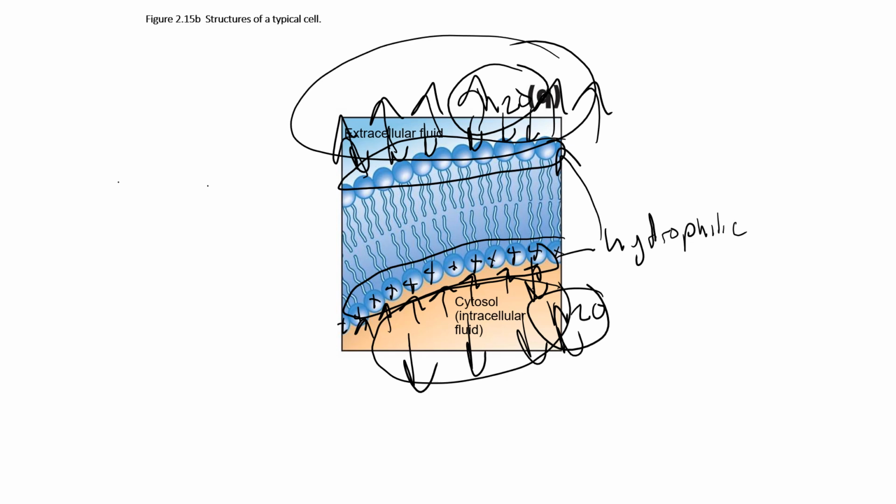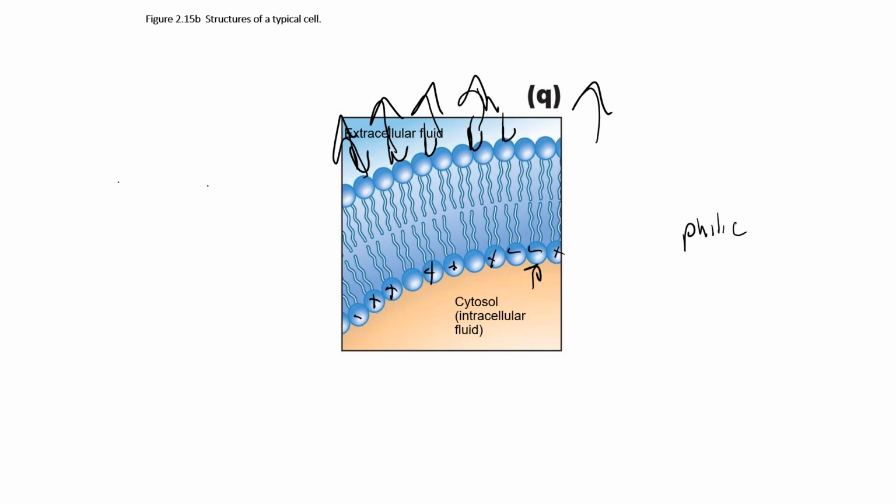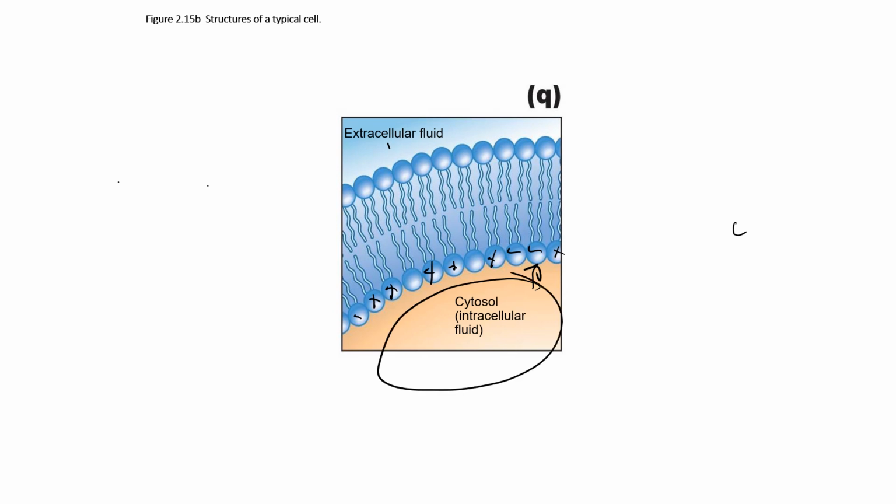You want the intracellular fluid and the extracellular fluid to be able to coexist with the peripheries of the plasma membrane.